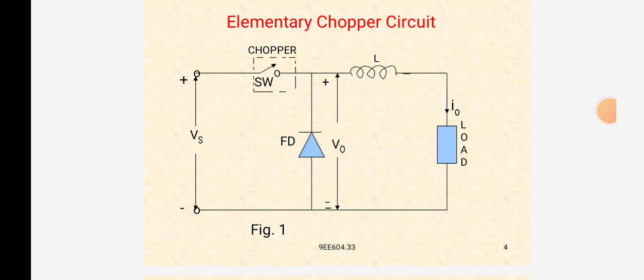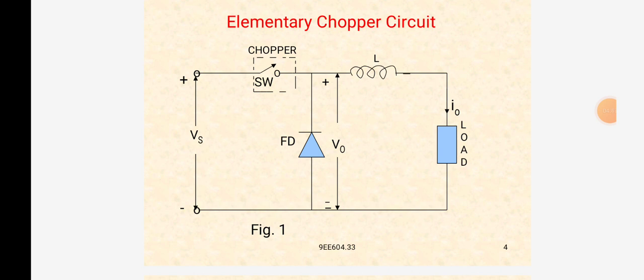Load current flows through the freewheeling diode FD. Therefore, the load terminals are short circuited by FD and the load voltage becomes zero. Hence, a chopped DC voltage is produced at the load terminals.